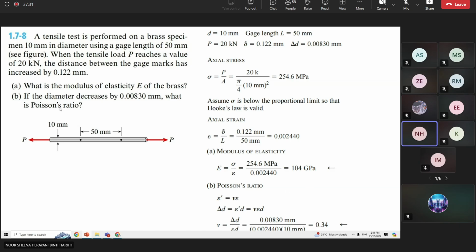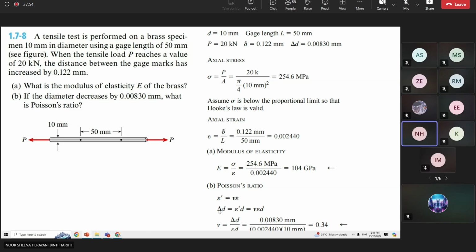Okay, and then question B: if the diameter decreases by 0.083 mm, what is the Poisson's ratio? So you have to take out the Poisson's ratio equation, which is nu equals minus lateral divided by longitudinal.